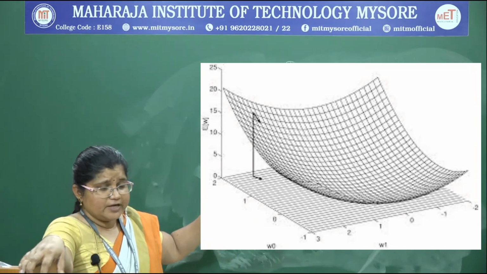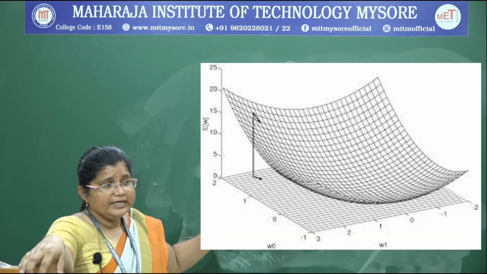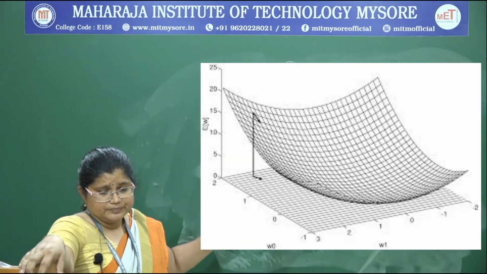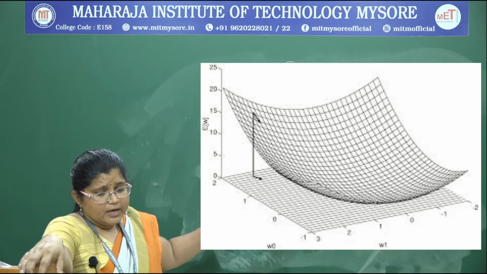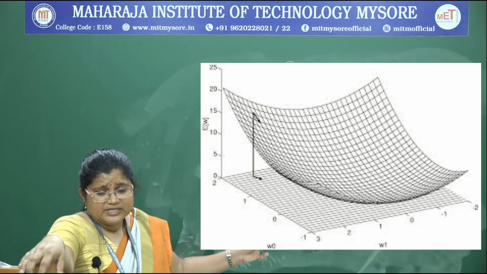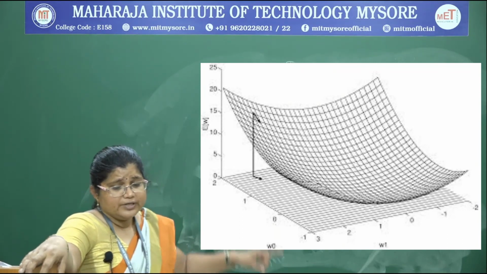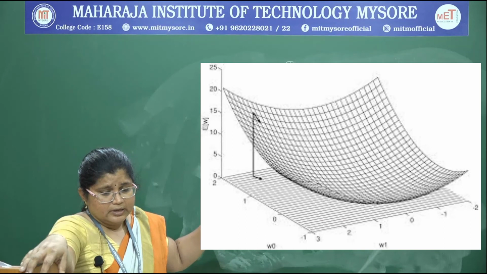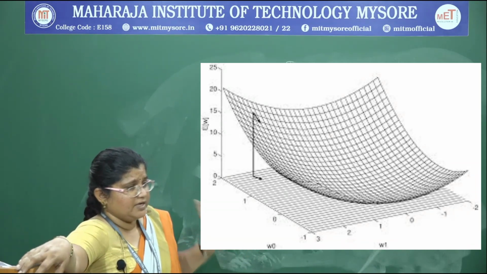The arrow which we are showing here is the negated gradient at one particular point, indicating the direction in the W0, W1 plane producing the steepest descent along the error surface. The error surface shown in the figure thus summarizes the desirability of every weight vector in the hypothesis space.